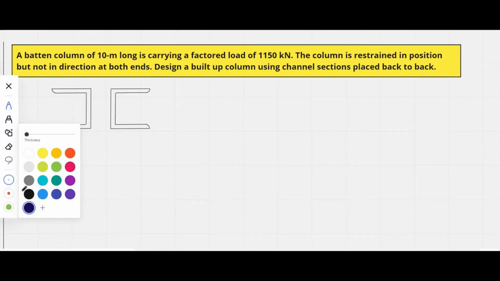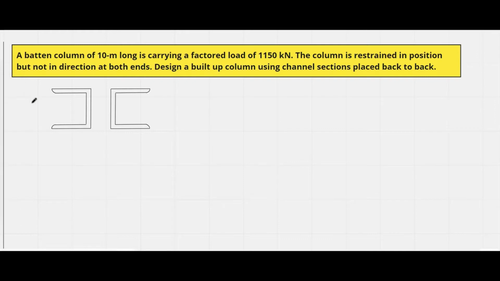With the same principles we have seen in our lecture, let us design our problem on batten column. A batten column which has a 10 meters length and carries an axial load of 1150 kilonewtons. The column is restrained in position but not in direction.